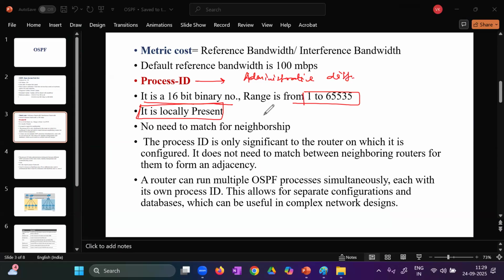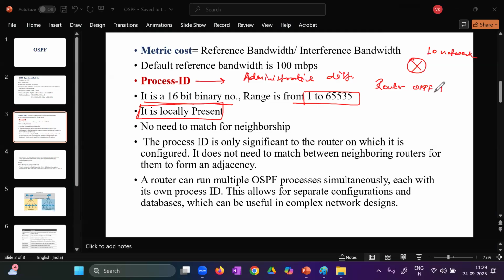Right. For example, let's consider that we have a router. On this router, you have 10 networks. So you need to define all these 10 networks. You have one option that you will define router OSPF, then you will write a process ID 1.